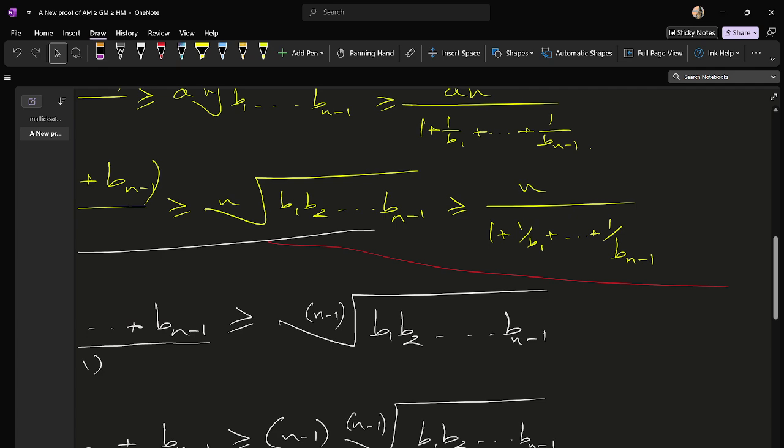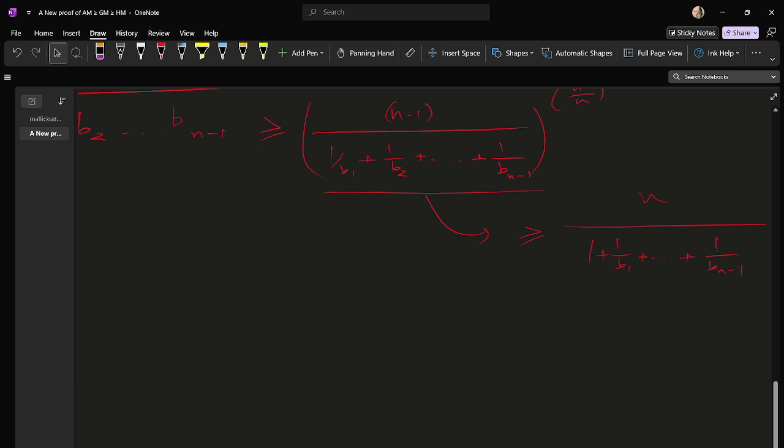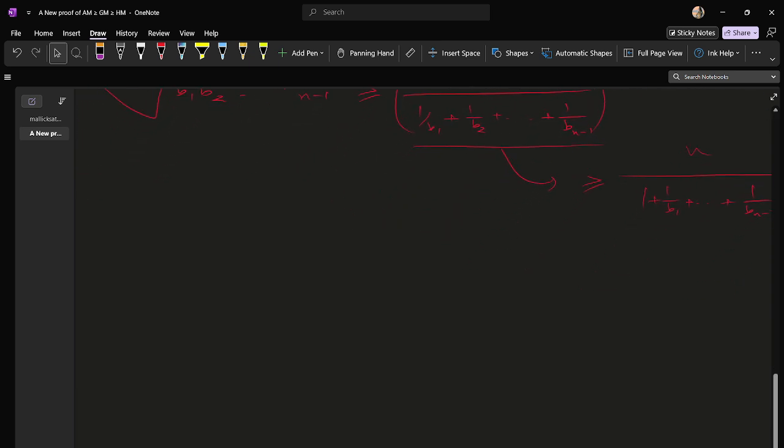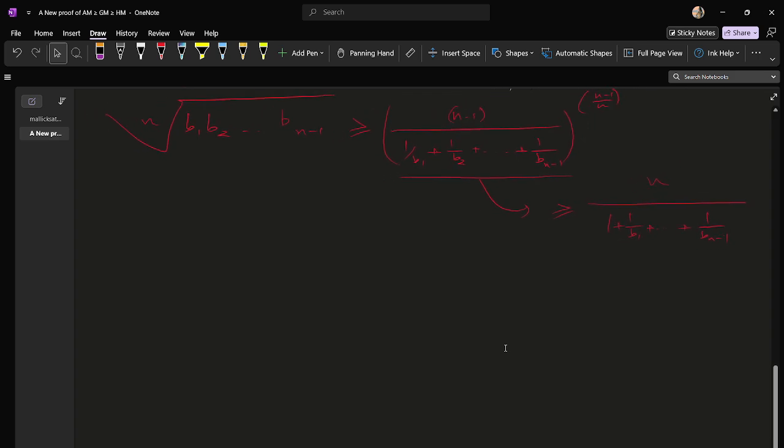I am going to prove this now. We again have to take something to do this. Let y be 1 by b1 plus dot dot dot 1 by bn minus 1.